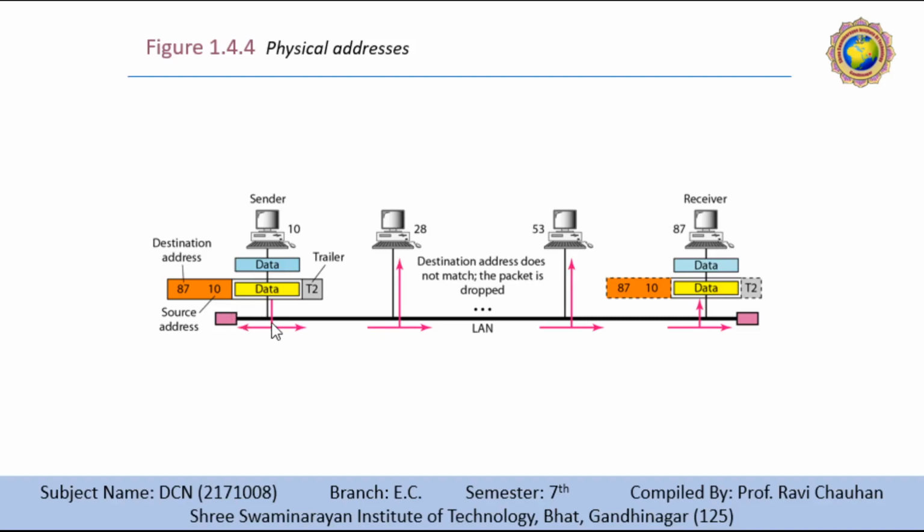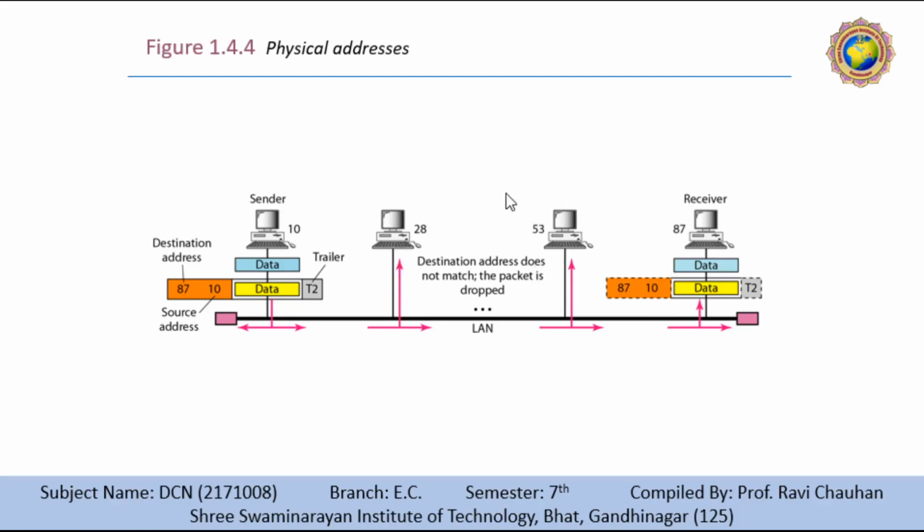So it is forwarded through our LAN. This LAN will forward the frame to all the PCs which are connected. So a PC which has physical address 28 does not accept the frame. Why? Because the destination address and its own address do not match, so the packet is dropped.